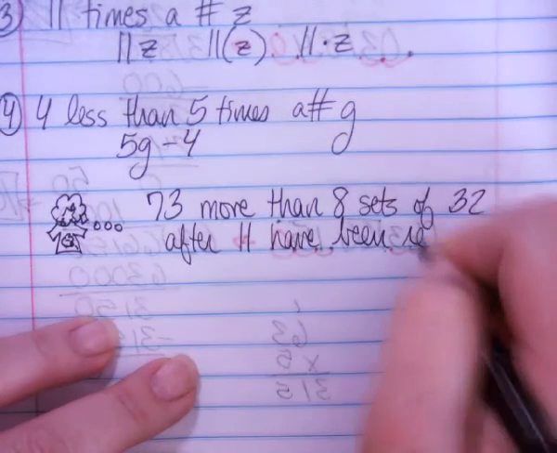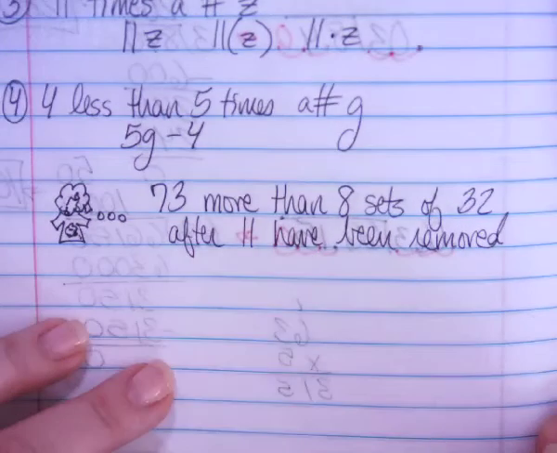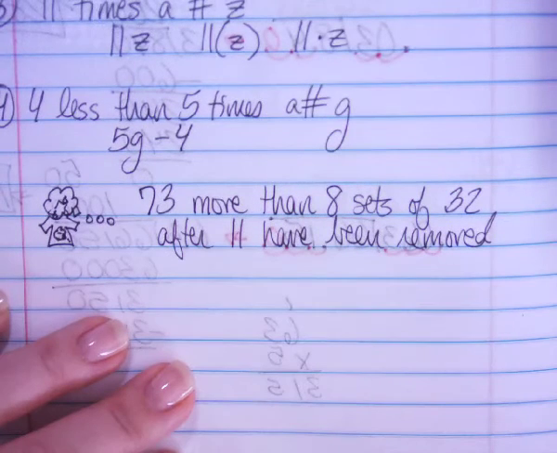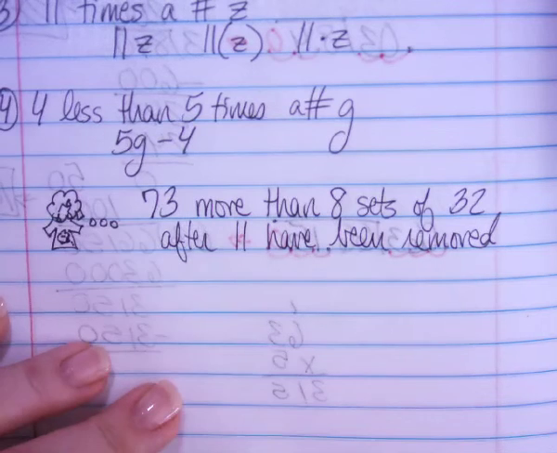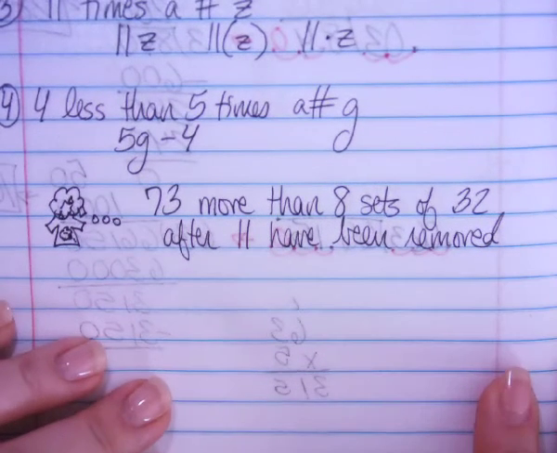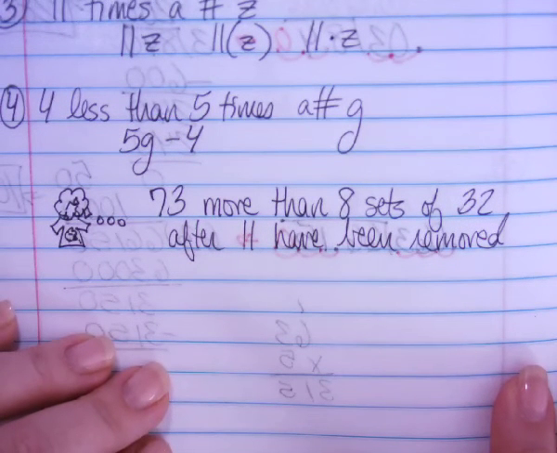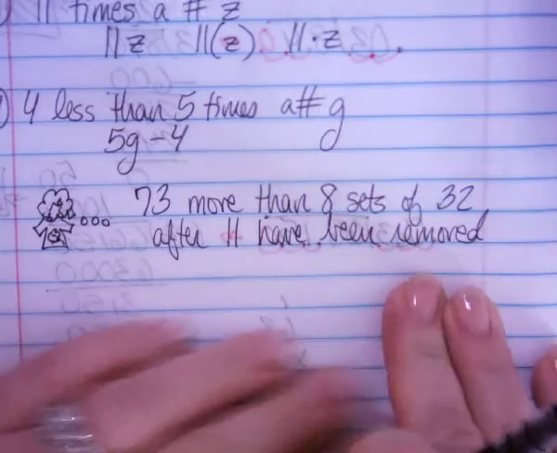Wait, I got it. It's like a cookbook, kind of. Wait, do we solve "73 more than 8 sets of 32 after 11 have been removed"? Do we solve the problem or do we... You can't. I have no clue.